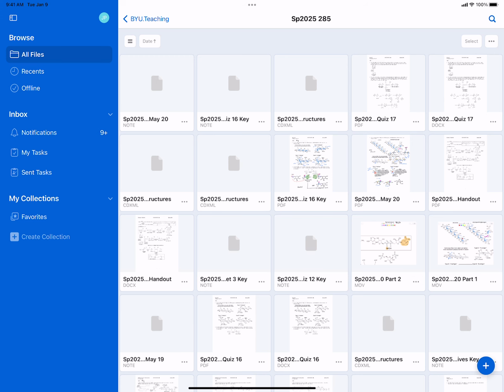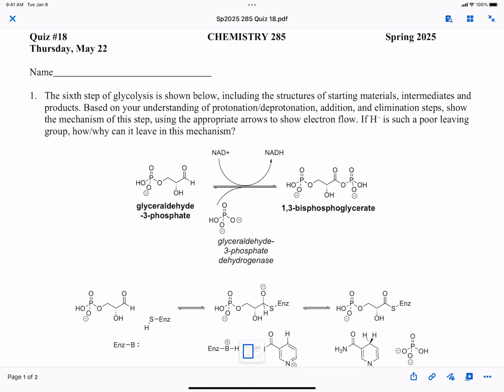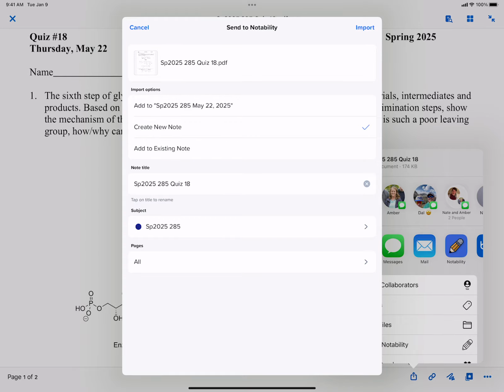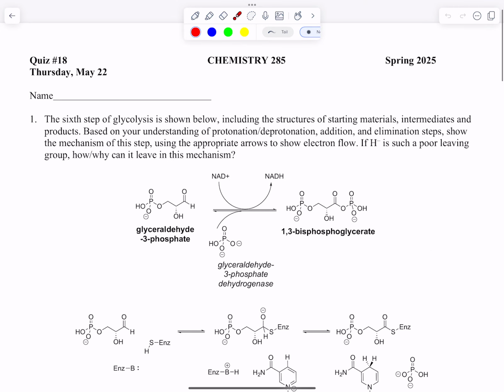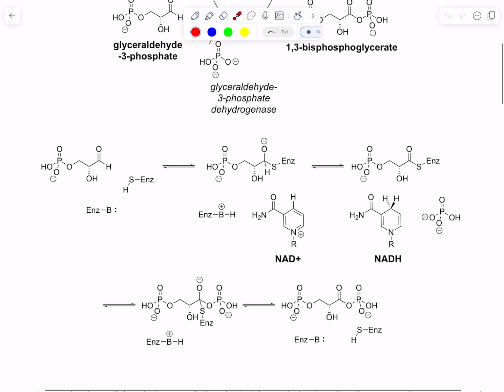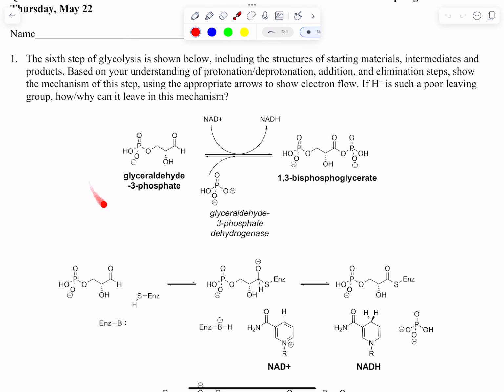Rather than have me give you the answer and then have you try to memorize it, I want us to look at it and see if we can discover it together. And you've got structures of NAD plus and NADH there. Here I've shown you just the same step that we're talking about.